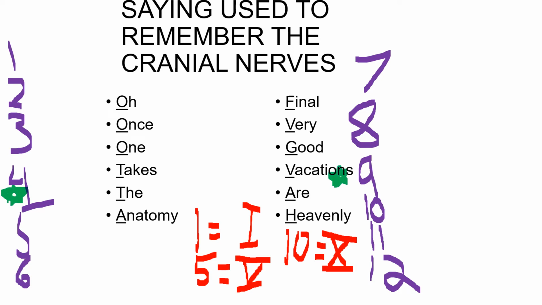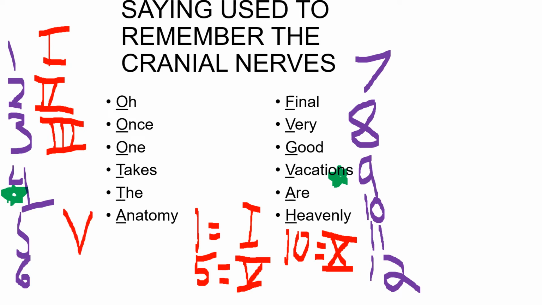Let's count to 12. Number 1 would just be a capital I, and 2 is just 1 plus 1. So it would just be capital I, capital I, with these bars around them like that. 3 would be capital I, capital I, capital I. We're going to skip 4 for now. 5 we know is V. And then 6 would be V plus 1, VI.